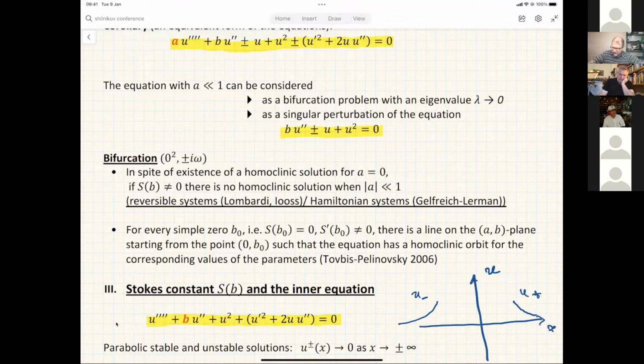So it's very likely that these solutions escape to infinity before they meet each other, although I haven't checked that, to be completely honest. I suggest that because I know what happens with these solutions when B is large. Then this picture is justified.